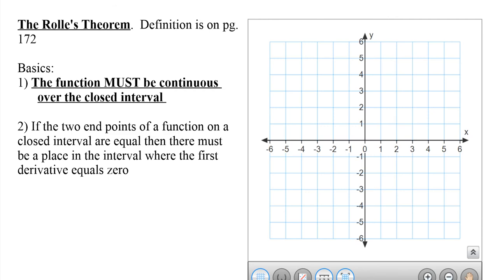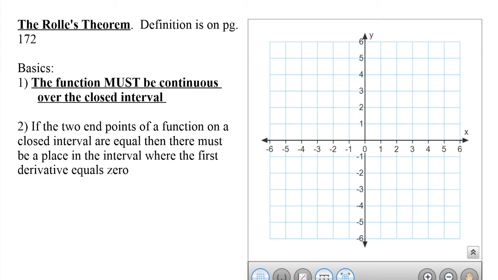Rolle's Theorem's definition is on page 172, and the basics are this. First, and hint, hint, you might see that I have that first basic both underlined and boldfaced. You might see that somewhere down the road. For both of these, the function must be continuous over a closed interval.